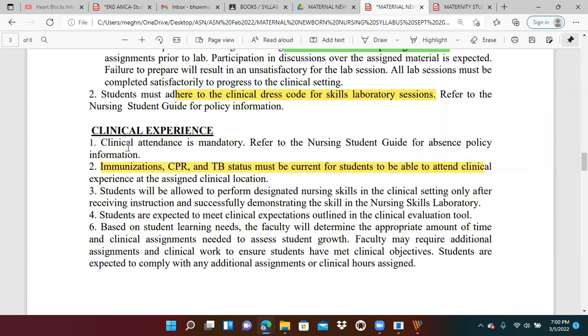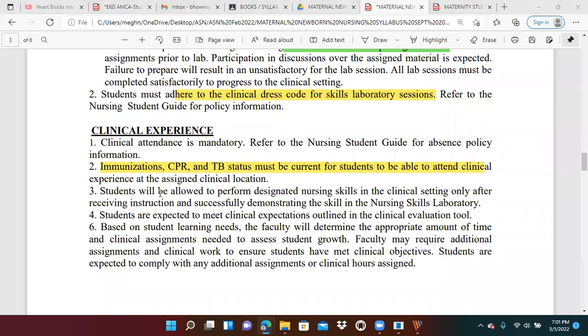This file must contain your immunization history record, your medical record, your physical exam, also your driver license, social security, your TB status, and CPR. I will talk about CPR today.